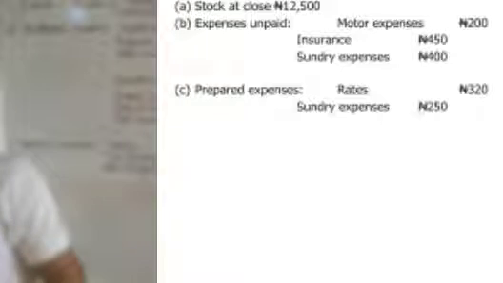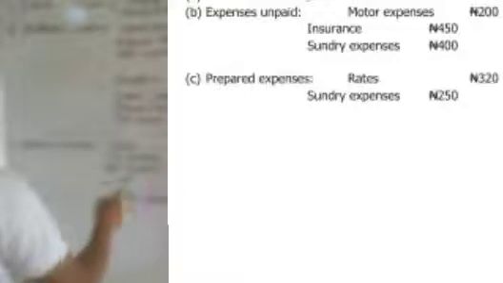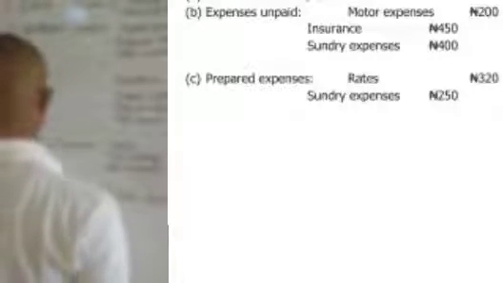Okay? So the next one is sundry expenses again. Remember, we have sundry expenses, both accrued and in prepaid. Now in this situation, for sundry expenses, we've already adjusted here. So we will take the final total as what we use.